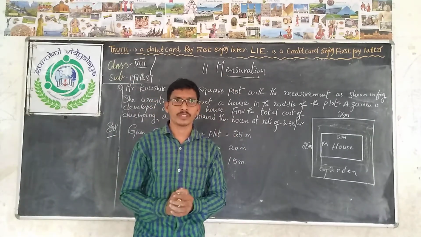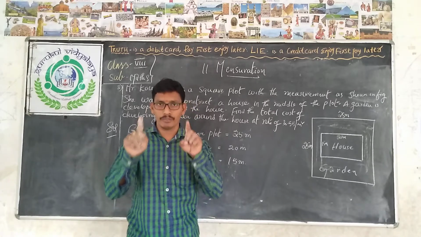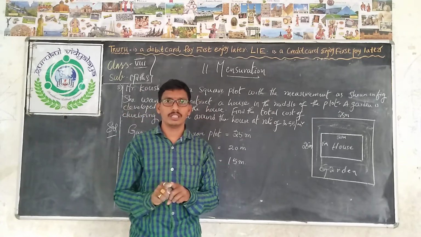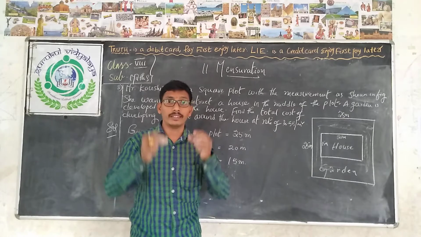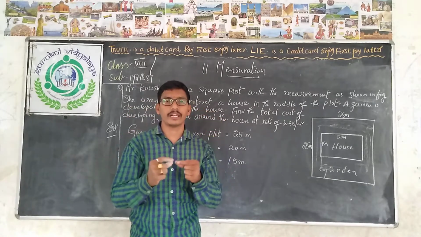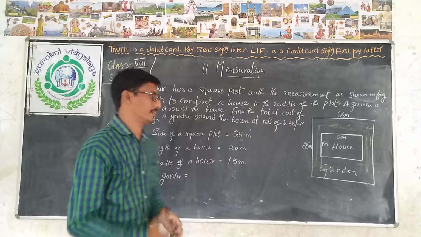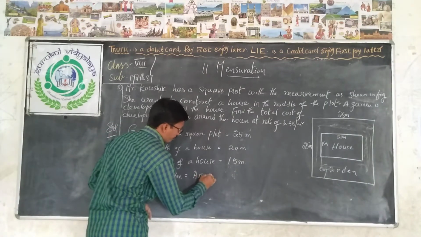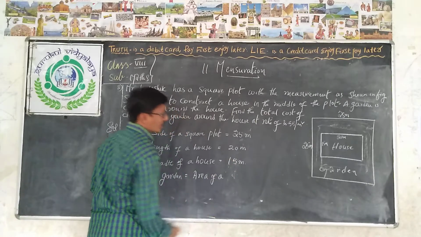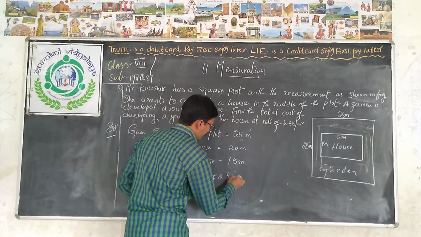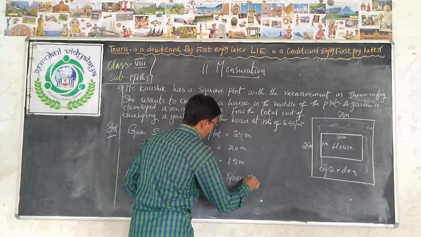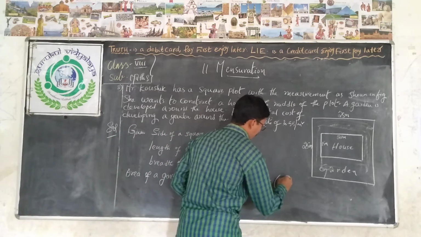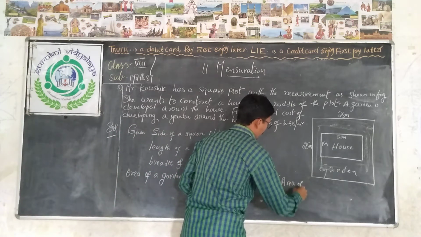If you remove the area of the house from the total area of the square plot, then the remaining area is considered as the garden. So area of the garden is equal to area of the square plot minus area of the house.